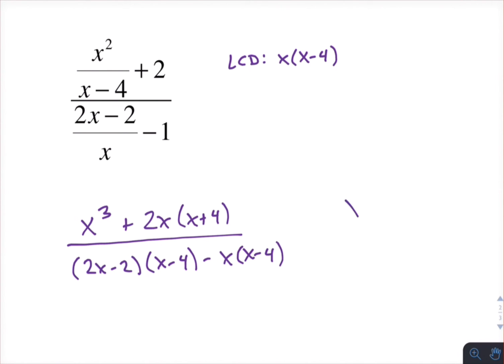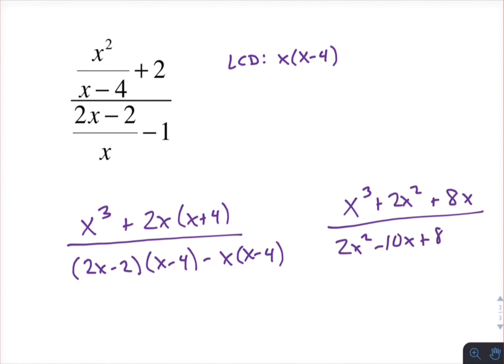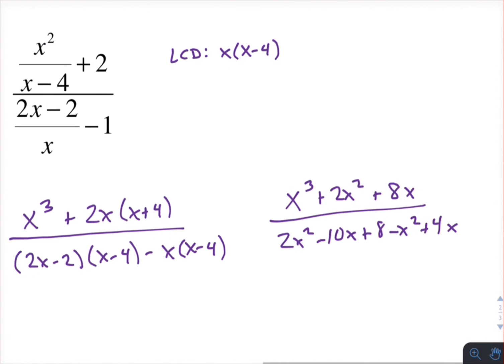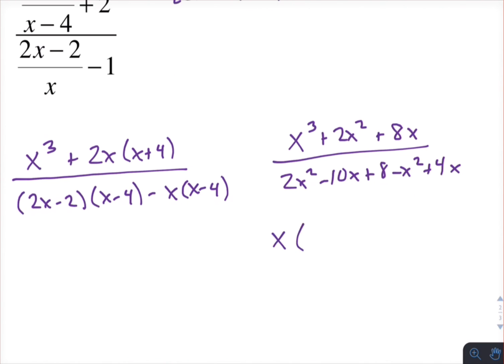So this is x cubed plus 2x squared plus 8x, and 2x squared minus 8x minus 2x, that's minus 10x plus 8 minus x squared plus 4x. Okay, so the top is x squared plus 2x plus 8.